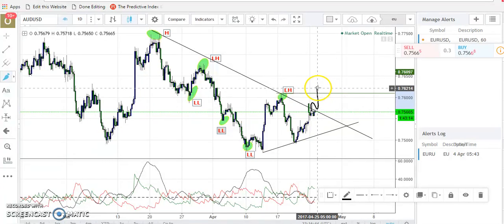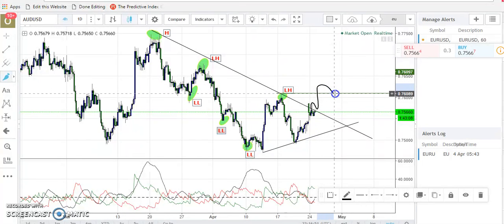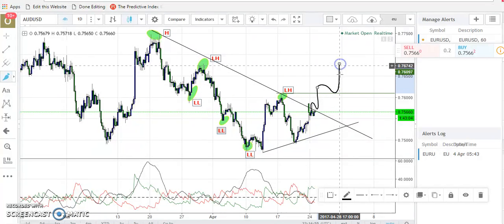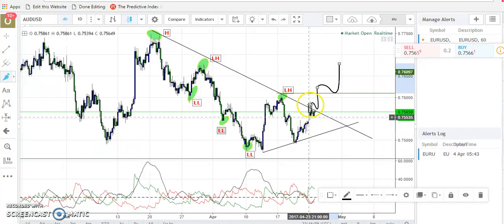Most of the time it'll close, go up, come back, retest, and then after the retest, it'll shoot up. So one of two things will happen in this situation: it'll either break through this trend line, retest, and go up, or it'll respect this trend line and then come back down.